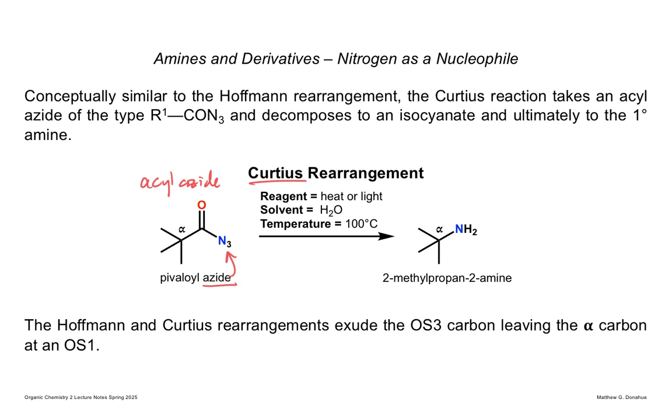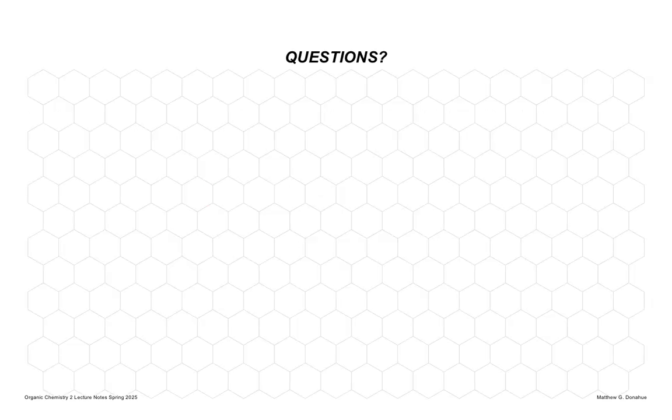But the intermediate's the same. It goes through that isocyanate, and then that carbonyl gets clipped off. Any questions?